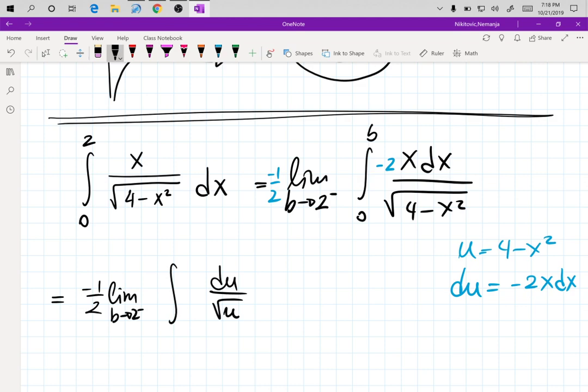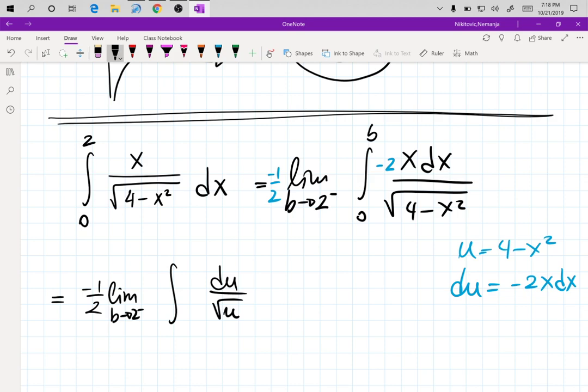So now, negative 1/2, limit as b goes to 2 from the left. And what's the integral? It's negative 2 square root of u, because this was u to the negative 1/2, plus 1 is positive 1/2, divided by 1/2, which gives us, oh, there's no negative.